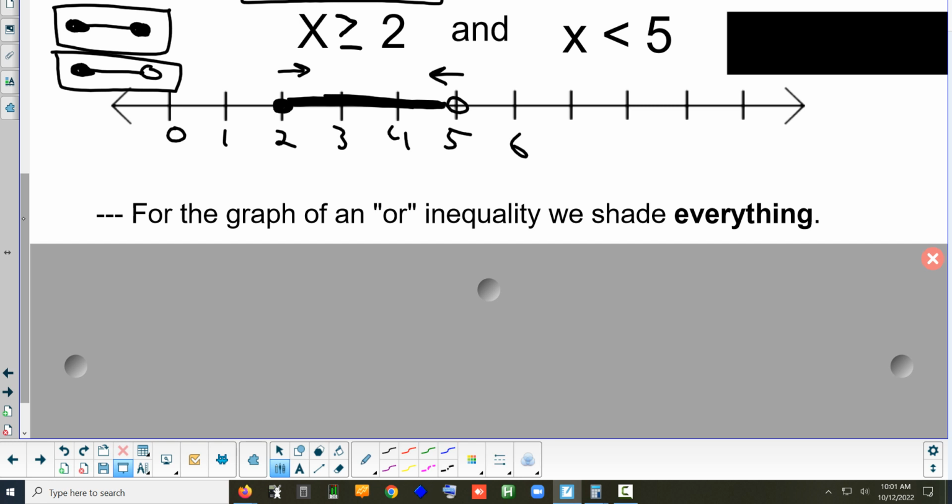So on your guided notes, it says for the graph of an or, we shade, and you're going to write down everything. And I'll just add there, let's say everything outside dots, just to make that a little clearer. Shade everything that's outside the dots.